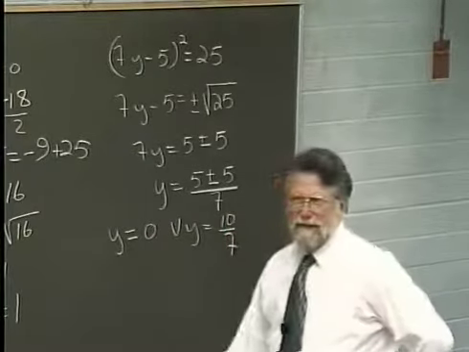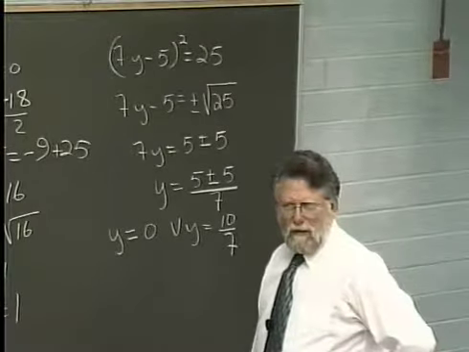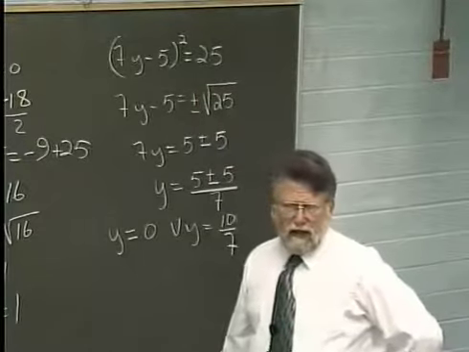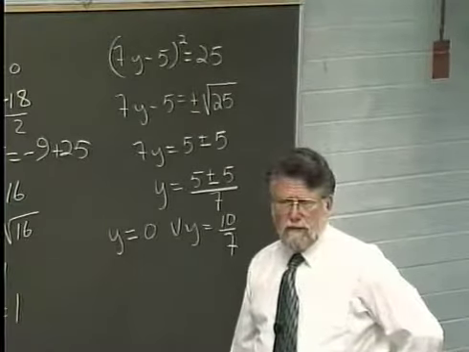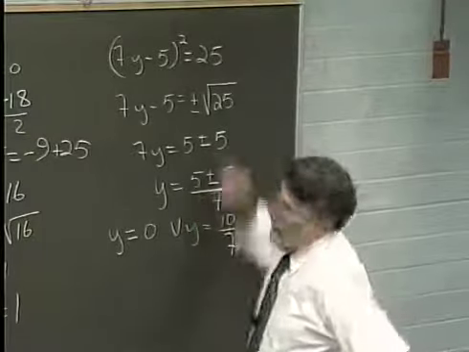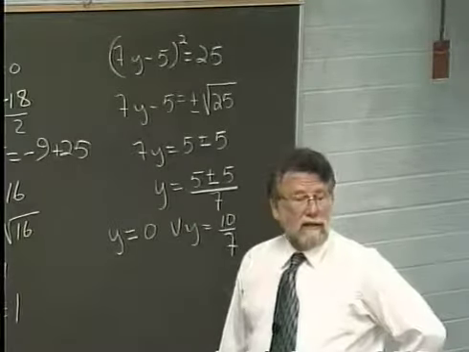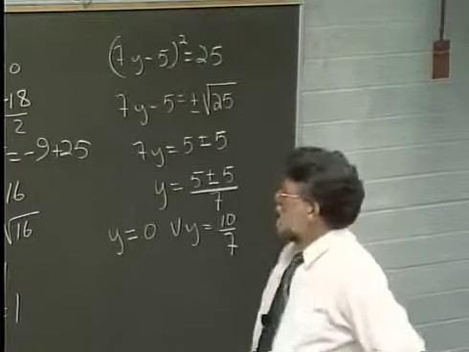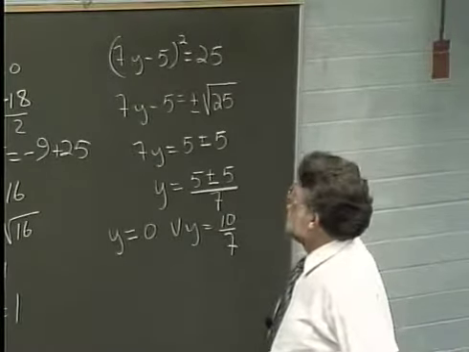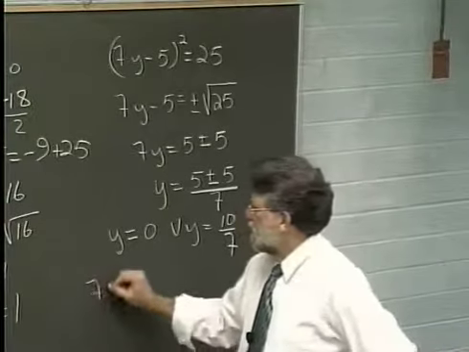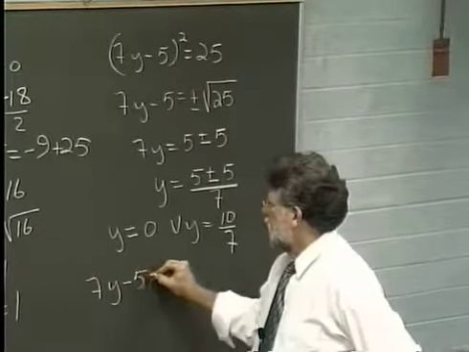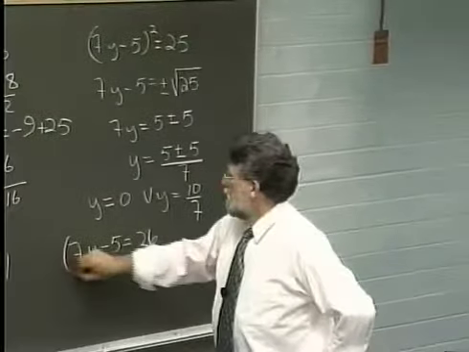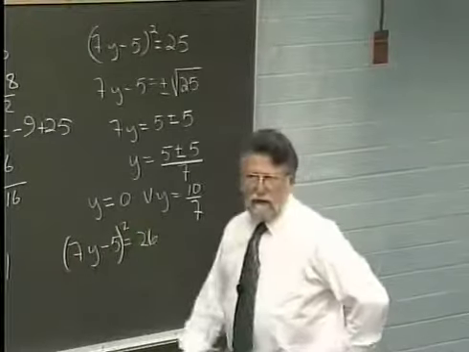But my question, what would happen if the text had not been so kind to you and given you 25 here? Something that didn't have a nice square root. Well, let's say it had been something like this, a 26.